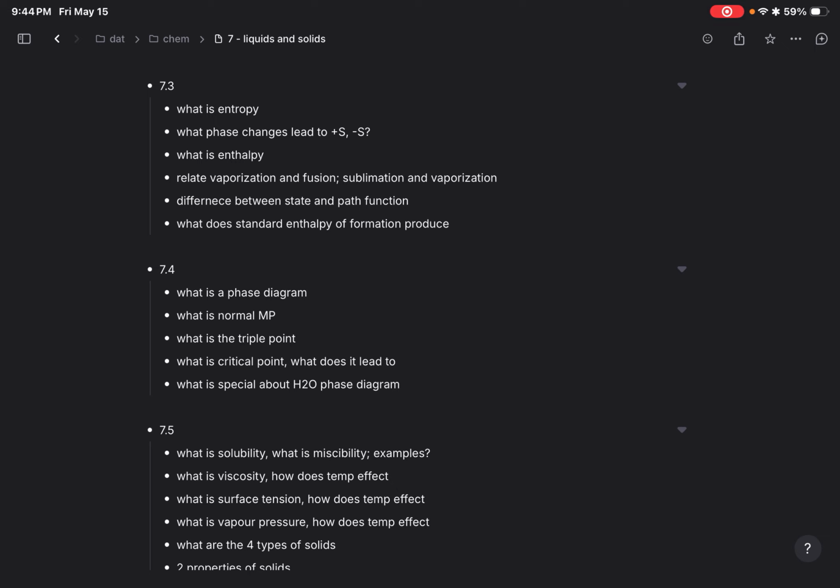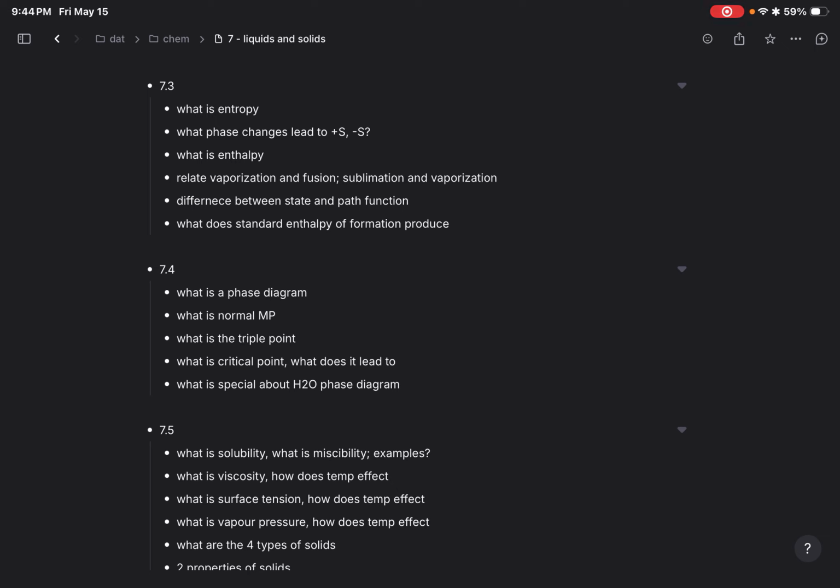Relate vaporization and fusion. The heat of vaporization requires more energy than the heat of fusion, because in order to go from liquid to gas, you have to fully overcome the intermolecular forces between the molecules, while in heat of fusion you only partially have to overcome them.